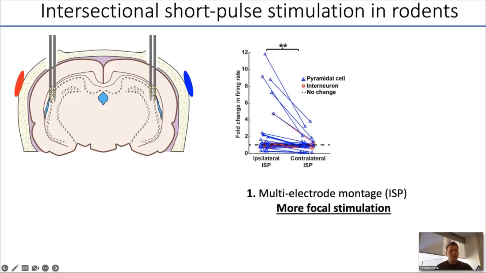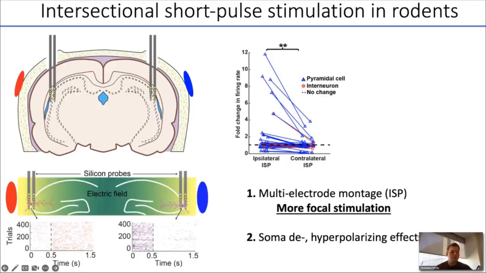We measured the effect of stimulation as the fold change in firing rate, where the baseline firing rate is 1, which is shown by the dashed line. You can see that there were neurons that increased their firing rate, so they are above this dashed line, and some neurons decreased their firing rate, which is below this dashed line. Next one.